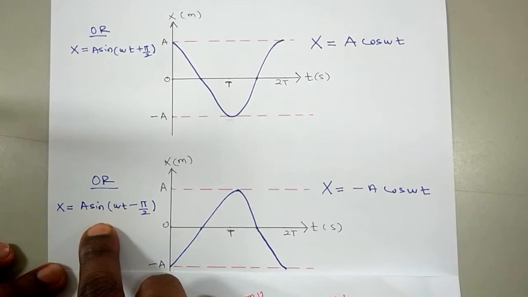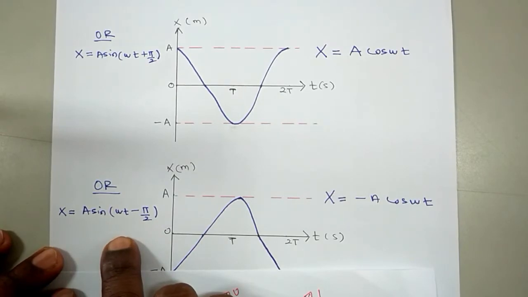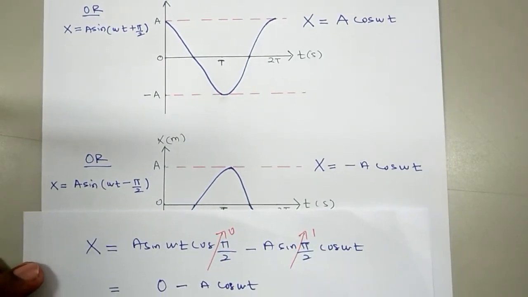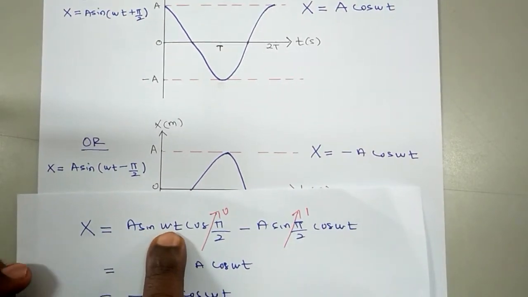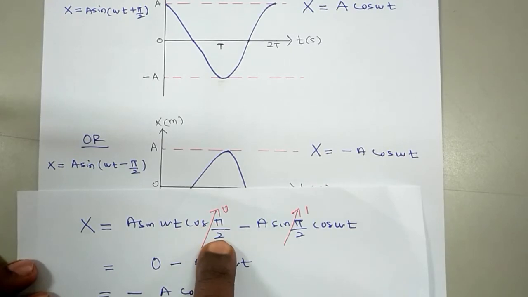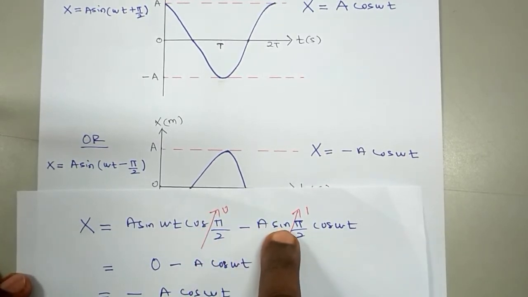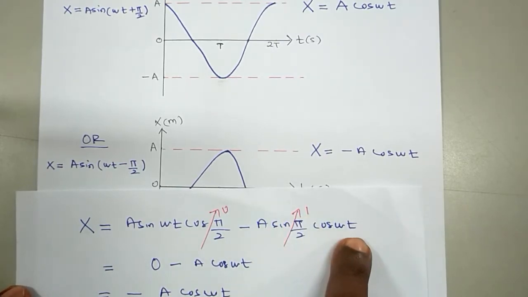When we expand these equations mathematically by using the concept of trigonometry, x equals a sin omega t cos pi over 2, which equals 0, minus a sin pi over 2, which equals 1, times cos omega t.